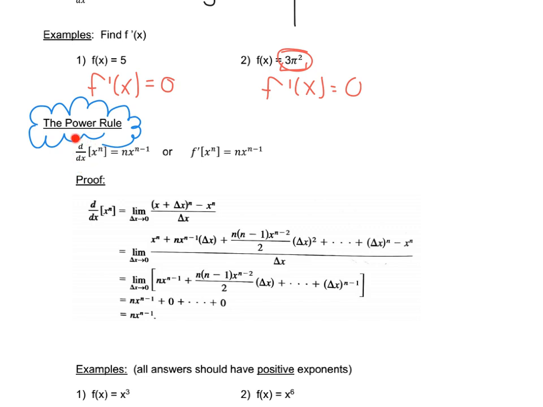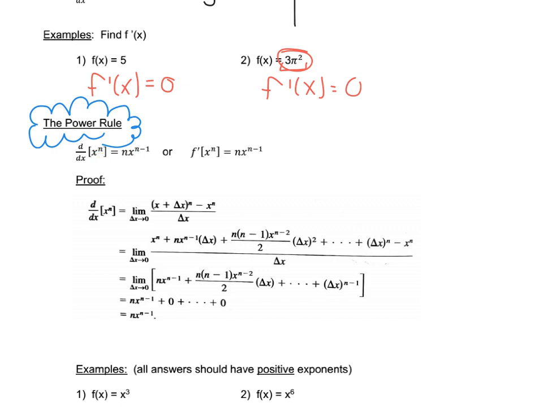The power rule. Remember, this d over dx is another way of writing notation for a derivative of a function. The power rule says that the derivative of x raised to the nth power, so x is our variable, n is whatever power it is, is simply, we take this exponent, it becomes the coefficient of x, and the new exponent is 1 less than whatever it was before.